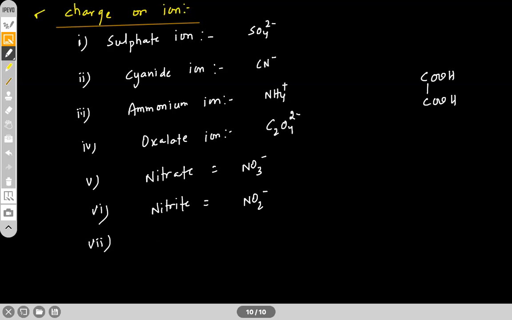Chlorite ion is ClO2 minus. If it is bromite, then BrO2 minus. If it is nitride, then N3 minus, a negative charge.